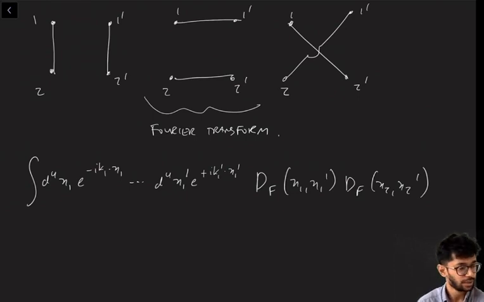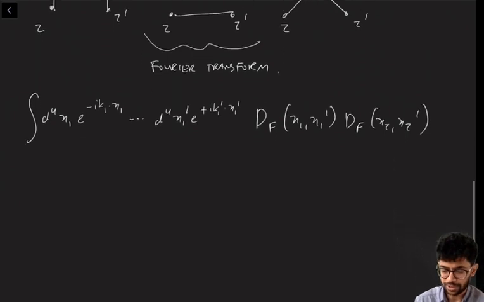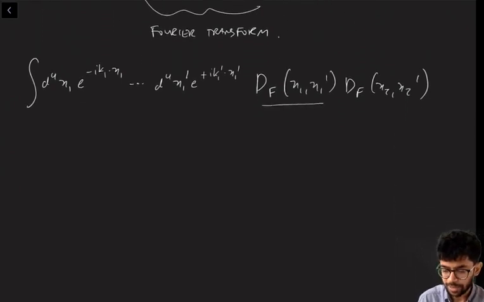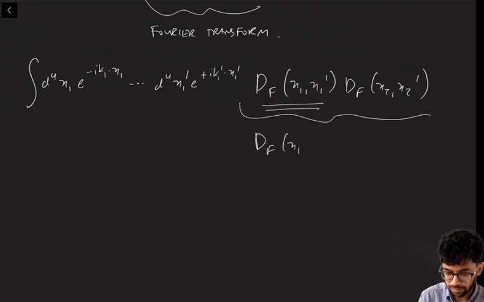Okay. So the first thing to note is, by translational invariance, this propagator doesn't care about x1 and x1 prime independently. It only cares about their difference. So I can write this like this: x1 minus x1 prime times d_F of x2 minus x2 prime.